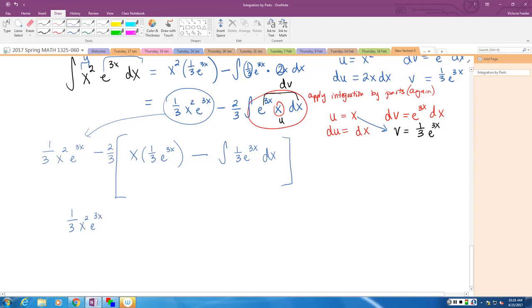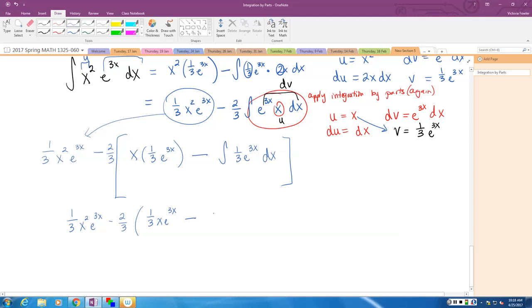So I'm rewriting a lot of stuff. I'm reordering some multiplication. The antiderivative of that integral I have left, we've been doing that one a whole bunch. What's it going to be?